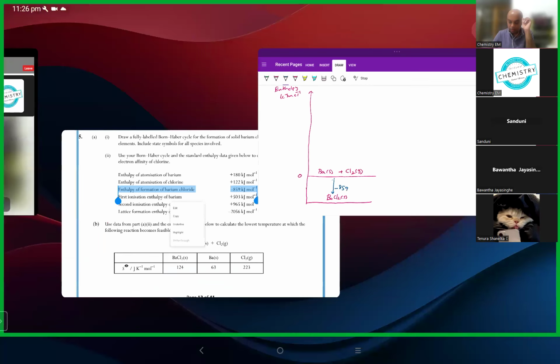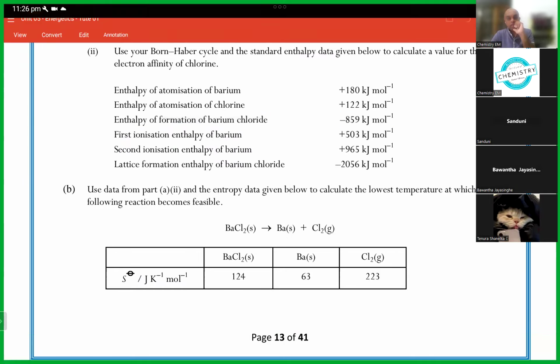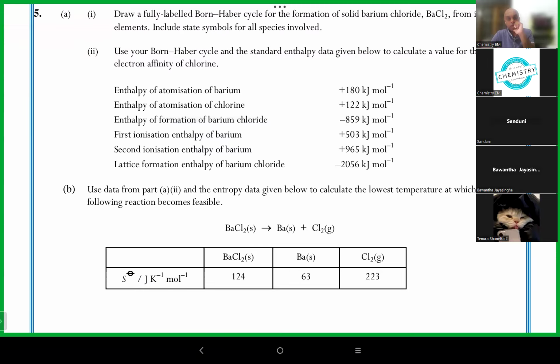Now, if you look at this one, we are given enthalpy of atomization of barium. Atomization means solid converts into barium gas, and atomization of chlorine, and ionization enthalpy of barium, second ionization enthalpy of barium and lattice formation enthalpy of barium chloride. Lattice formation enthalpy means production of barium chloride solid from barium 2 plus and Cl minus gas.